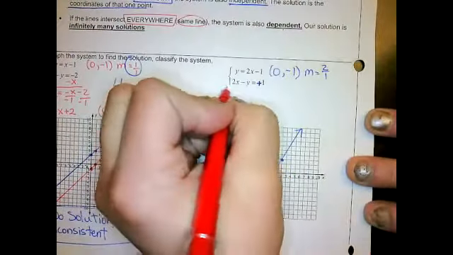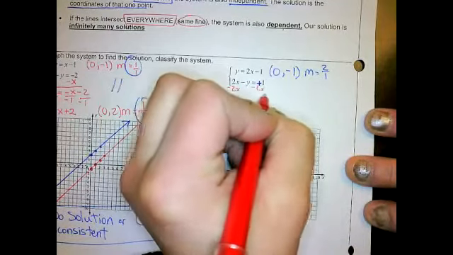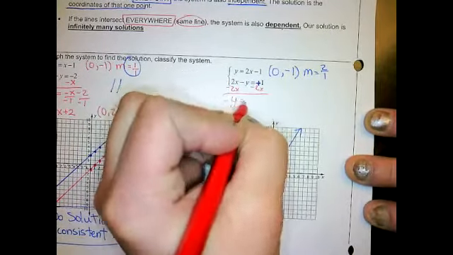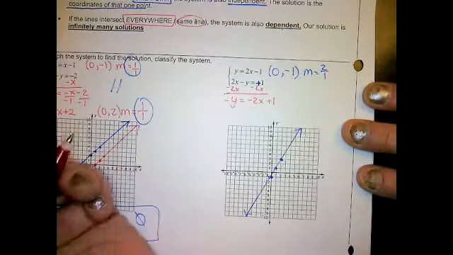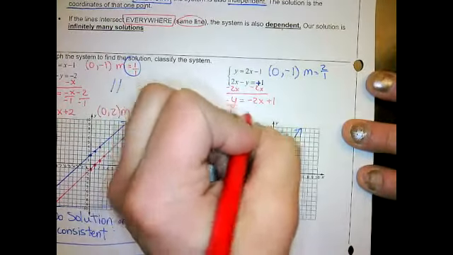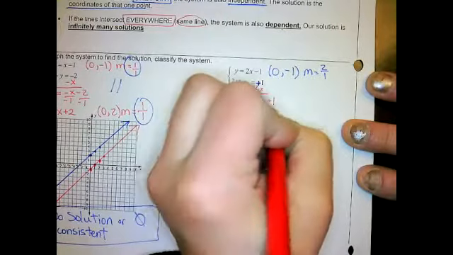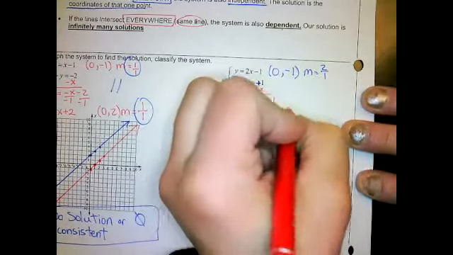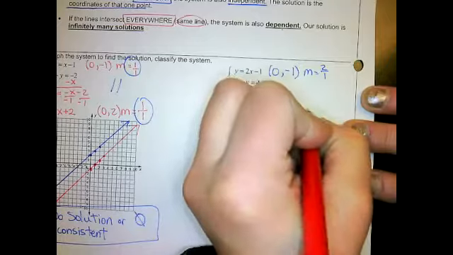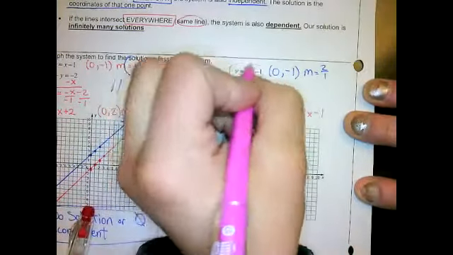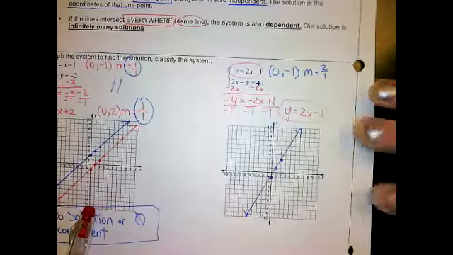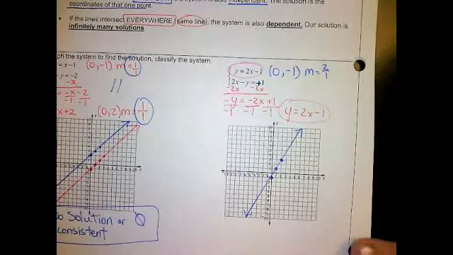All right, for my next one, I have to subtract my 2x first. And I get negative y equals negative 2x plus 1. Now I'm going to divide every single term by negative 1 to get that y by itself. And I wind up with y equals 2x minus 1. Well, if you look, this equation and this equation are exactly the same.